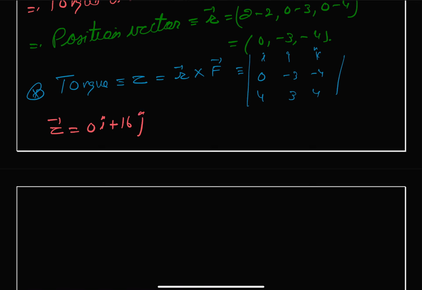Sorry, not plus of 16. This will be 0, 16 minus 16, and it will be minus of 16. And then it will be plus k, which will be equal to plus of 12k.